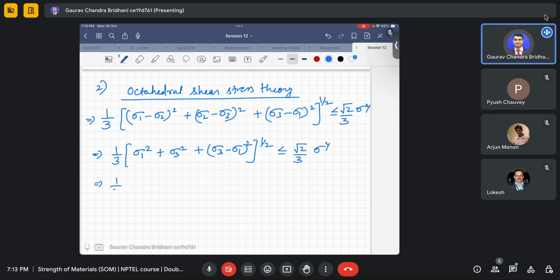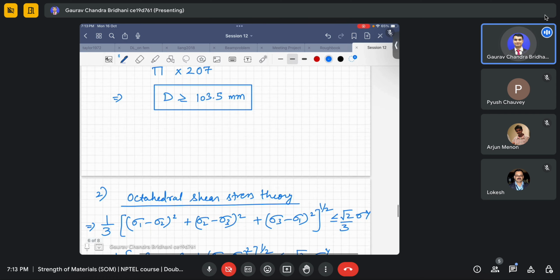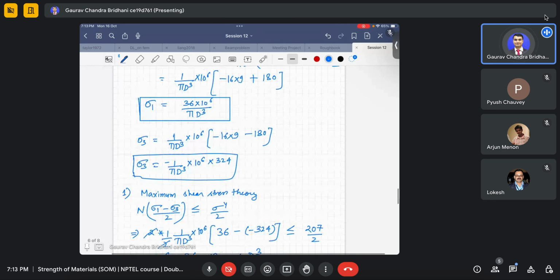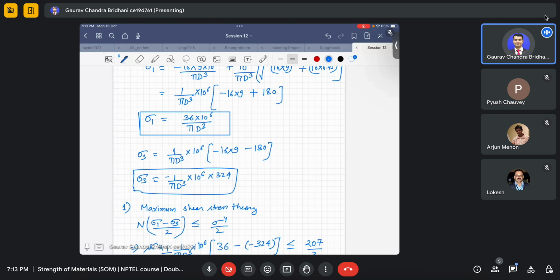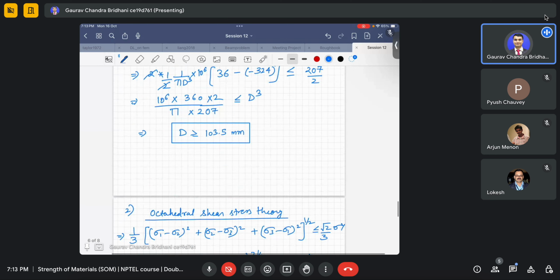What is common there is the denominator and 10 to the power 6 in sigma 1 and sigma 3, so I'll take that out.